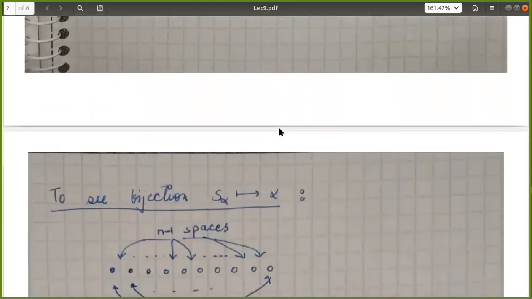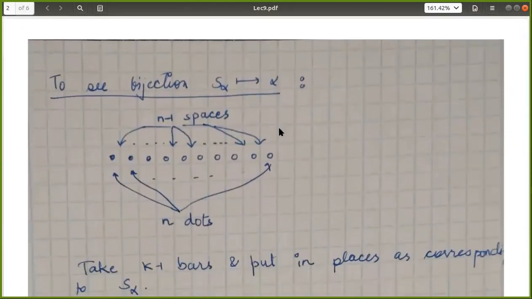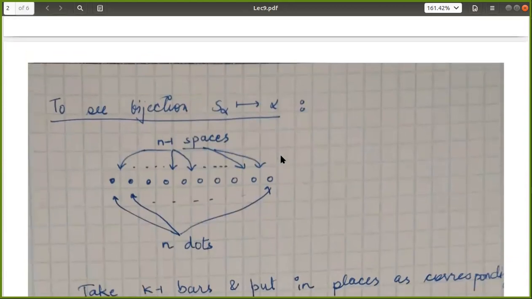Okay. So now for the reverse bijection, if you were working with the number n, take n dots. People who have had a course in discrete maths will immediately relate this to the bars and balls problem, but let's keep that hidden for now.